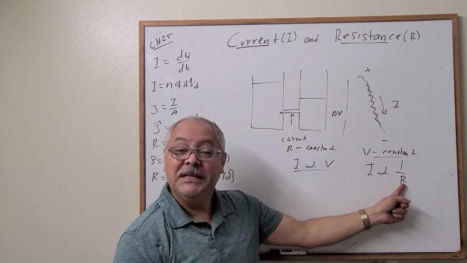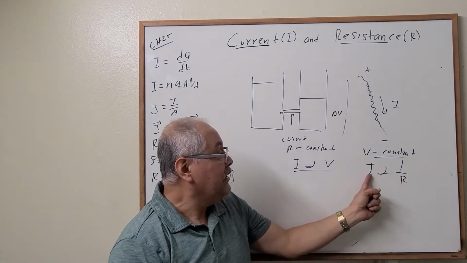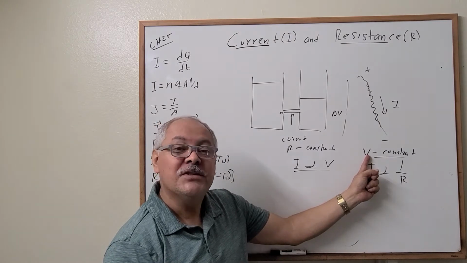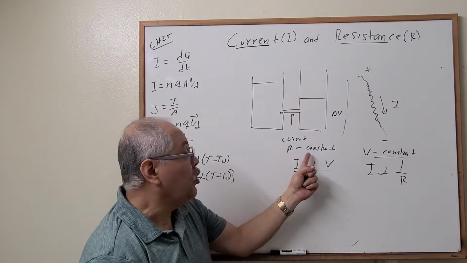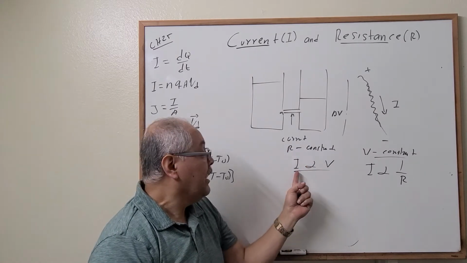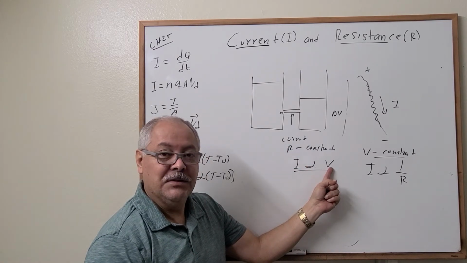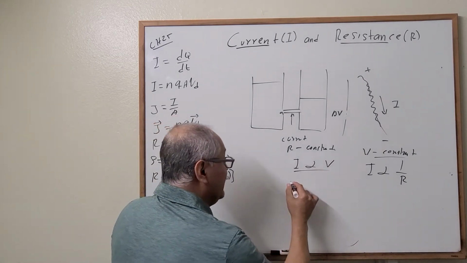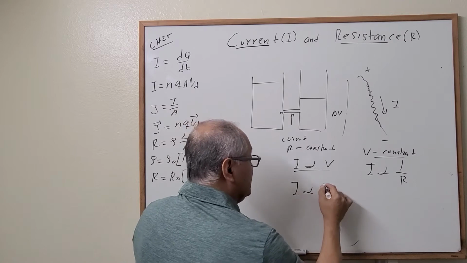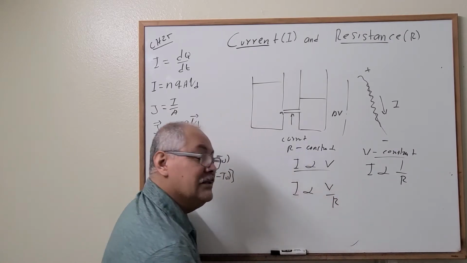If the resistance increases, the current decreases when V is constant. Right here, the opposite: when the resistance is constant, the current increases when the voltage increases. Now let's combine these two, and what do we have? We have that the current is proportional to voltage over the resistance.